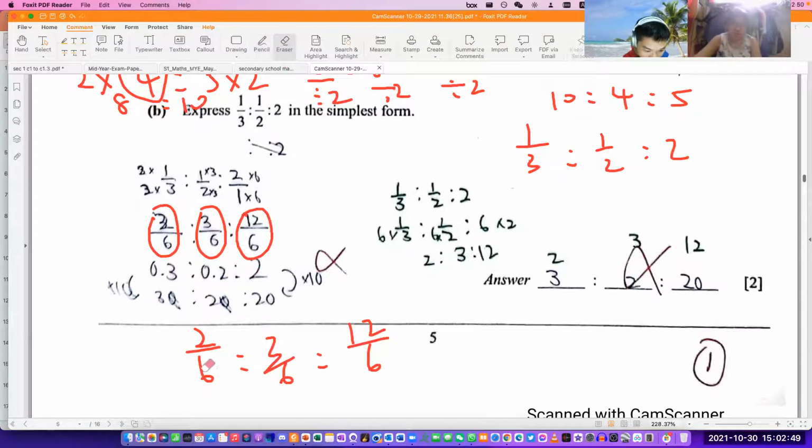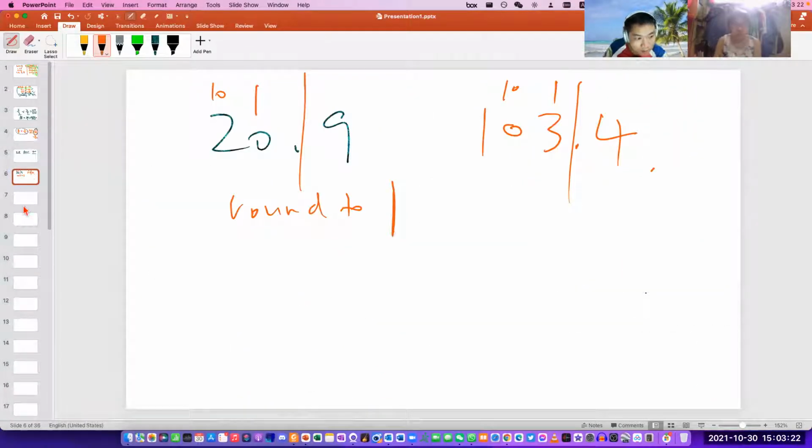Do you see that you have 6 here for denominator? When you have 6, 6, 6 all here, you can actually cancel the 6. So it's actually 2 to 3 to 12. Okay? So in fact, another similar example is this.